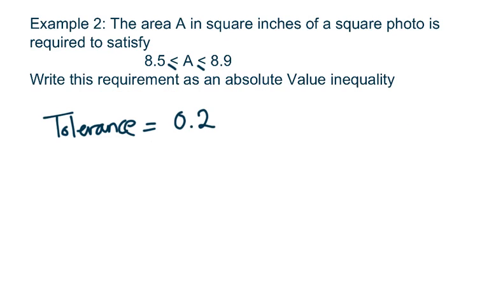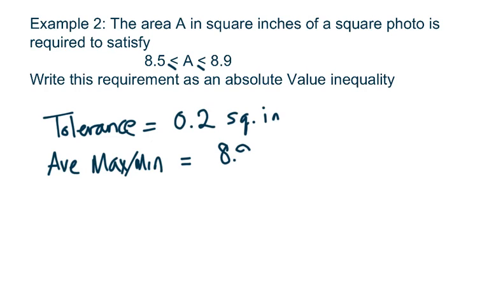The next thing we're going to do is find the average of the maximum and minimum. It's not the max divided by the min, it's just the average, which equals the maximum plus the minimum, divided by 2. That's 8.9 plus 8.5 divided by 2, and that's just 8.7.